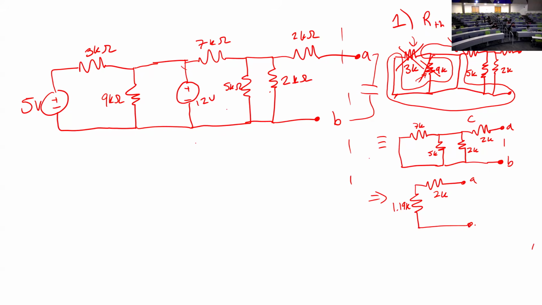This is A and B. And now you can clearly tell that our Thevenin is just 3.19 kiloohms. That's the one. Okay. Any questions about that process?